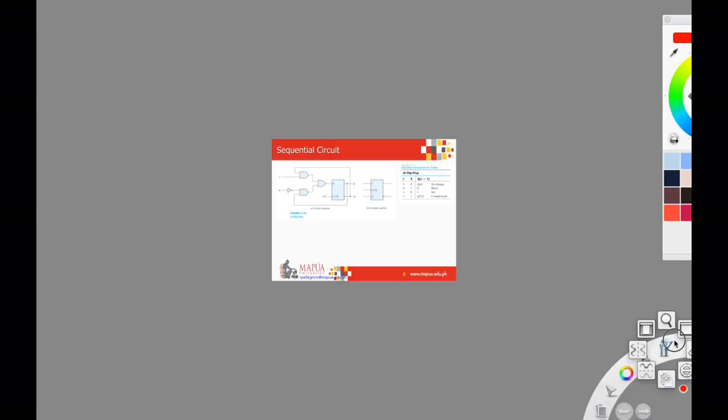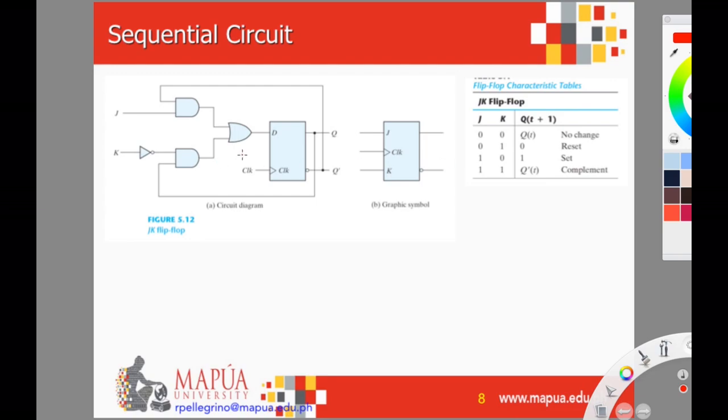So next we have the JK flip-flop. JK flip-flop, what does it do? As we all know, if you use SR and you have an input of 1, 1, it gives us indeterminate. Okay, so that's a disadvantage.